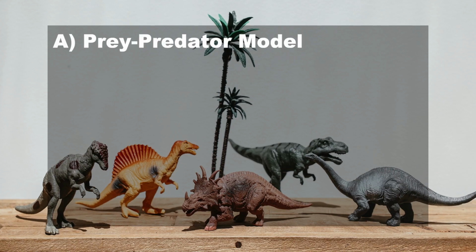Then we will discuss the steps required for building a population based model. We also discuss certain limitations and challenges related to population based model building. And in the last, we will discuss application of population based model. So, let us start with the concept of prey-predator model.